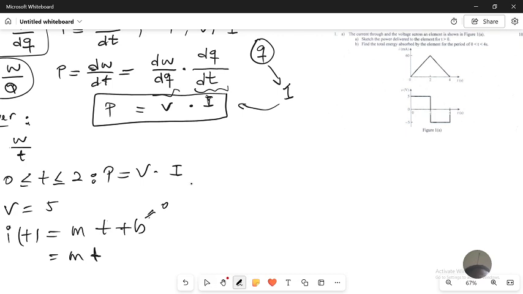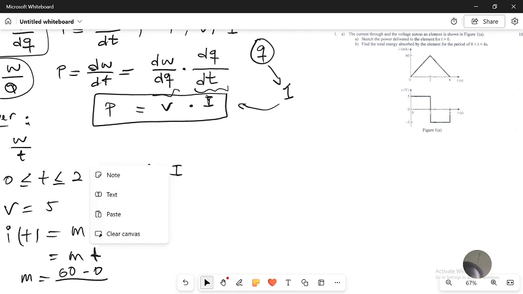Now, how to determine the value of m? m is going to be the last point, 60, minus the first point, 0, divided by the time: 2 minus 0.